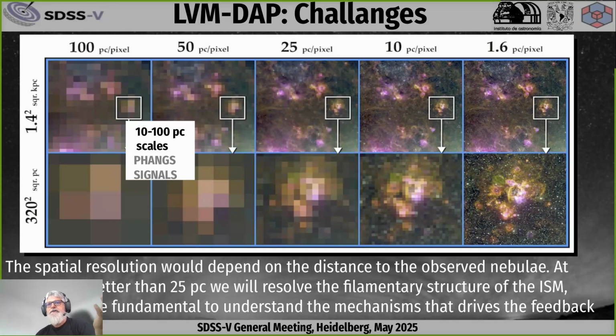For objects that are nearby, given our projected sampling, the fibers of around 30 seconds of the Local Volume Mapper, we resolve them to scales of around a few parsecs. But when objects are farther away, we are observing them with a resolution of 100 parsecs. And for the galaxies in the local volume, we can even reach worse, coarser resolutions.